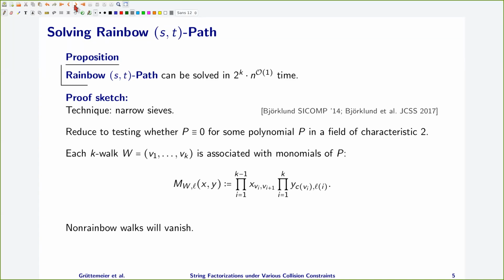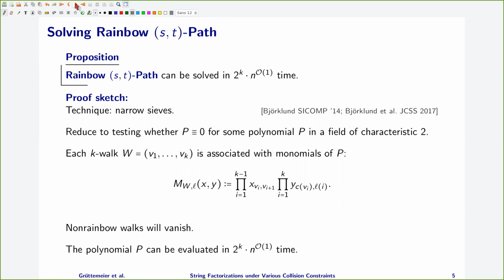And the point of introducing these labels is that all the walks which have some color that occurs twice will vanish because of this characteristic 2. So you will have several monomials that cancel each other out. So that's the very rough idea for this. And one other point that we need to discuss, of course, is that this polynomial is very large.